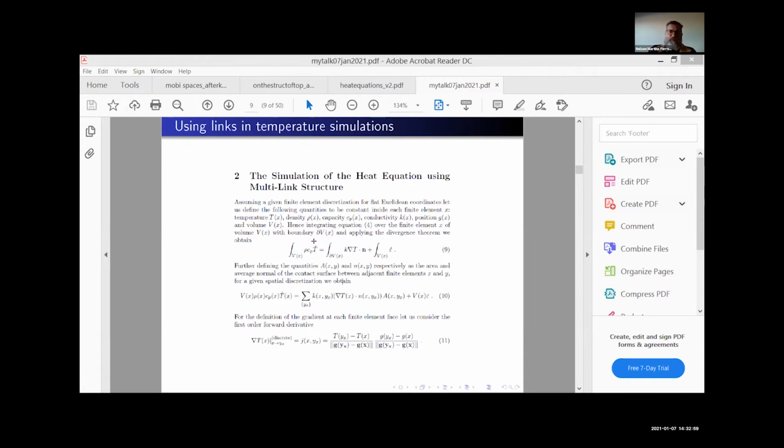In this case, the heat equation has been used, but it only uses the base model of a multi-link.